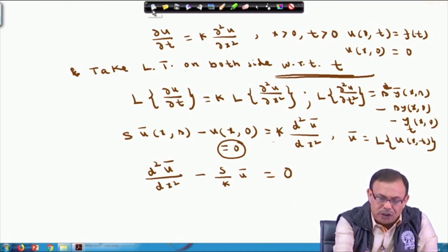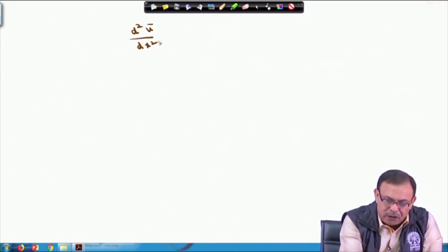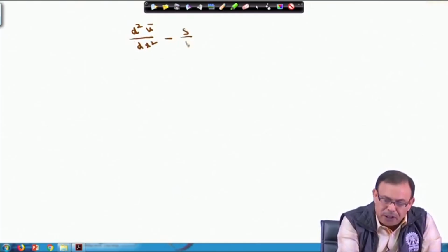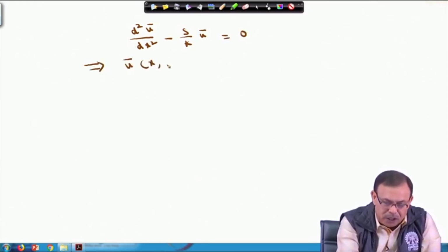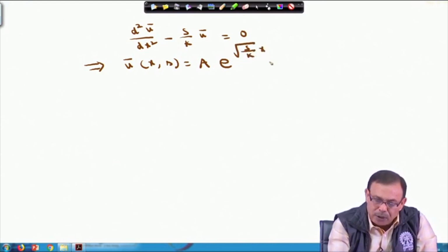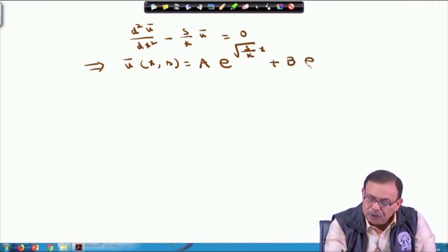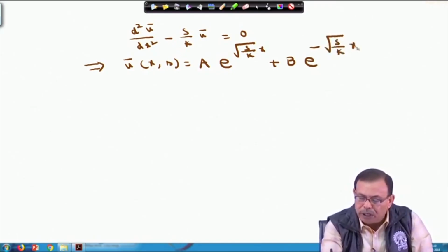Your equation was d²ū/dx² minus (s/k) ū equals 0. From here you can directly write down ū(x,s) equal to some constant a into e to the power root over s/k into x, plus b into e to the power minus root over s/k into x.